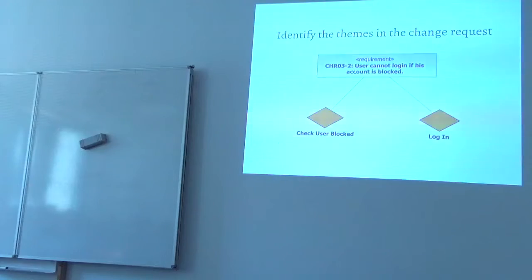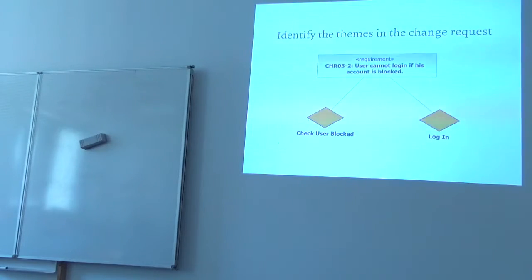The requirement says user cannot log in if his account is blocked, in simplified terms. So something like that. This we had there. This is a requirement, and in the Theme approach, the Theme/Doc part, the analytical part of the Theme approach, we work with requirements and themes.